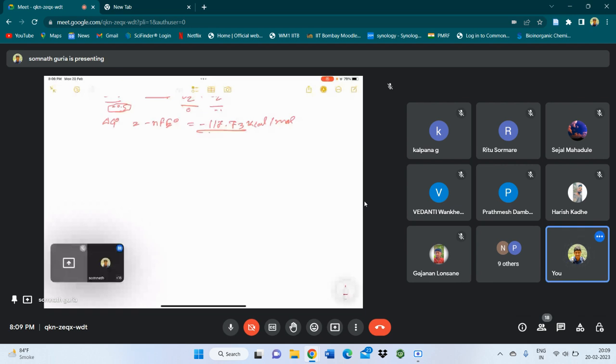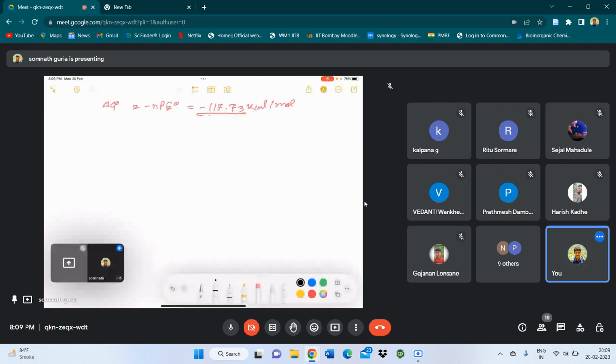How will the reaction proceed? The metal in an n plus oxidation state binds with the superoxide and transfers one electron, so the metal becomes n plus 1, and the superoxide takes up... sorry, the metal becomes n minus 1, it takes up an electron from the superoxide, or vice versa.